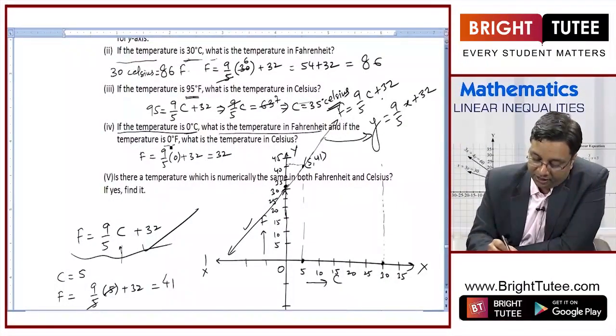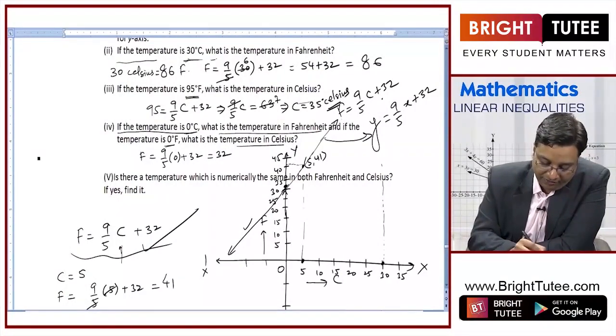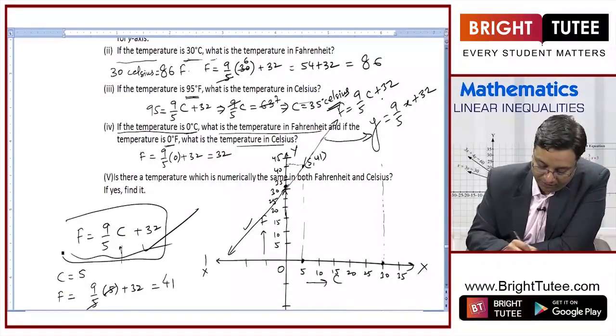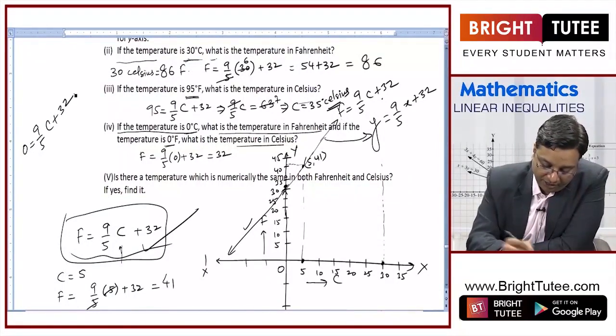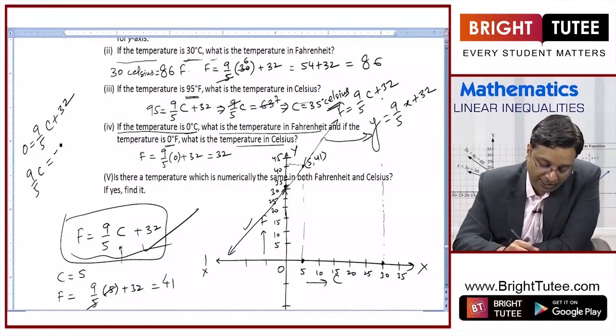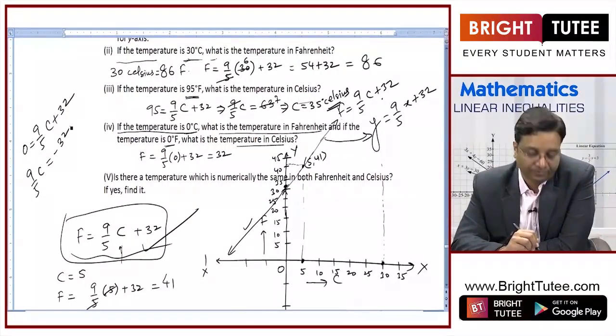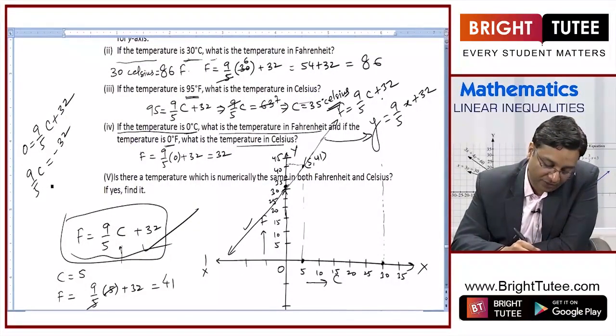And if it is 0 degree Fahrenheit, then what will be temperature in Celsius? If I put F equal to 0, what will be value of C? Let us put F equal to 0 in this equation. So 0 will be equal to 9 by 5 C plus 32. So 9 by 5 C is equal to negative 32, right? So what is C?